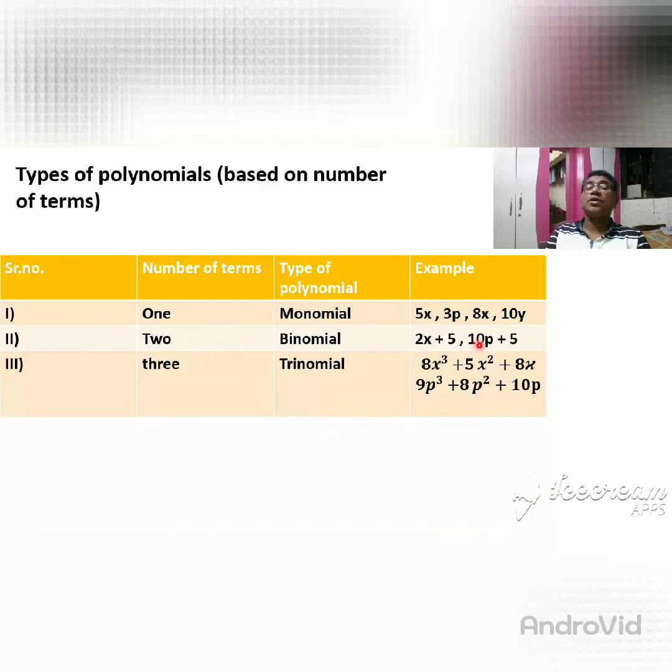Then 10p plus 5: 10p is the first term and 5 is the second term. So 2x plus 5 is a binomial, and 10p plus 5 is a binomial.